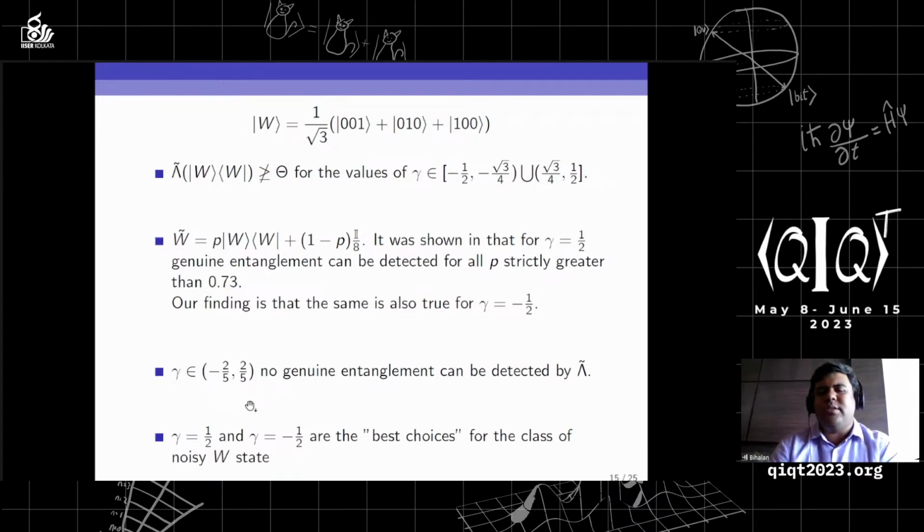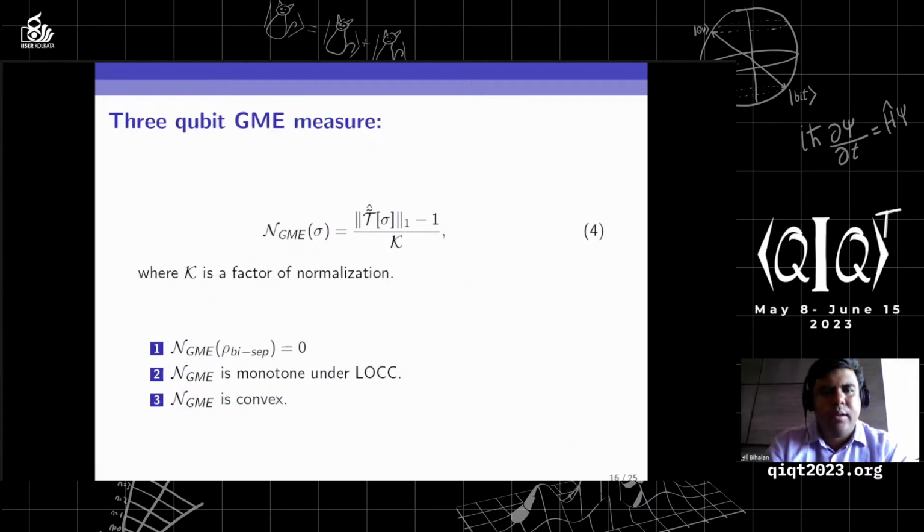And if we choose the map in this domain, minus 2 by 5 to 2 by 5, no genuine entanglement can be detected by this gamma tilde. In this case, W class. And gamma equal to half and gamma equal to minus half is a kind of base choice for the noisy W state. Okay, so this is genuine multipartite entanglement detection via positive map.